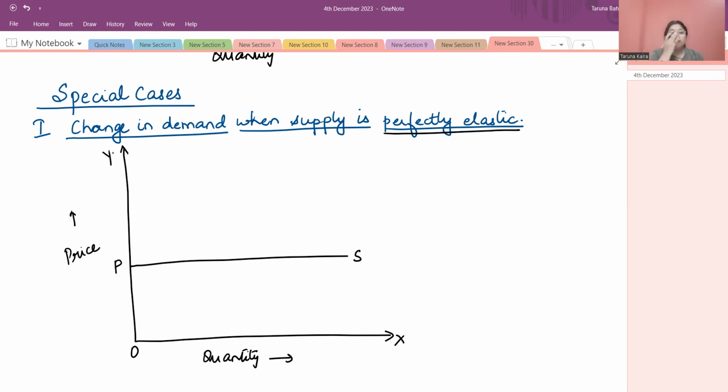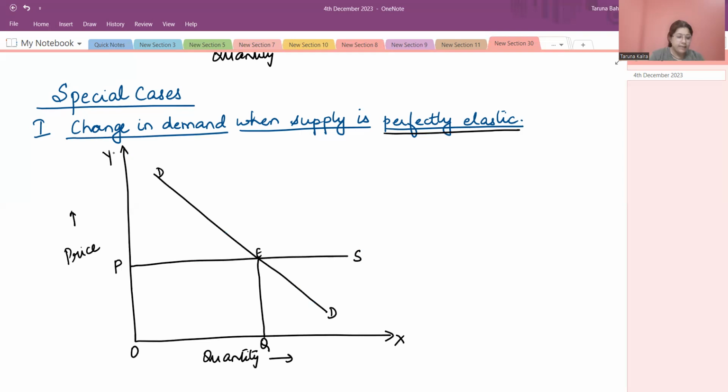Fine. And in such a situation the supply curve is parallel to your x-axis, and this is my original demand curve. So the price is going to remain fixed at price OP, the equilibrium price, and OQ is the equilibrium quantity, and E is the point of equilibrium.